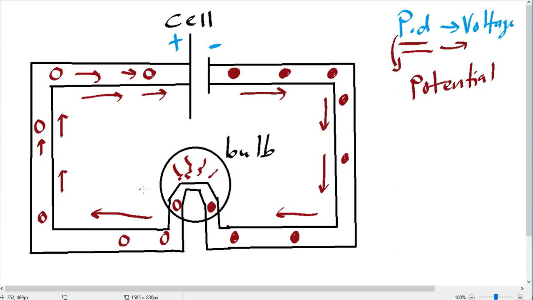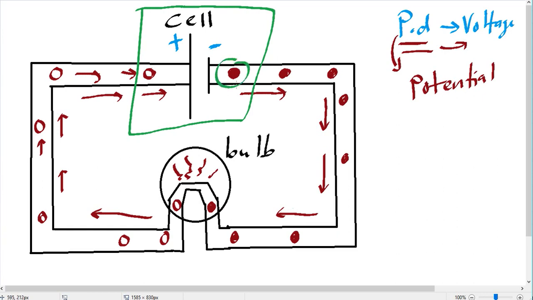So the potential difference is normally the difference in energy between any 2 points in the circuit. If you look at these points here, let me just use the green. If you look at the battery, you see there's a difference in potential, a difference in energy, because this here has more energy than the one that is going in.